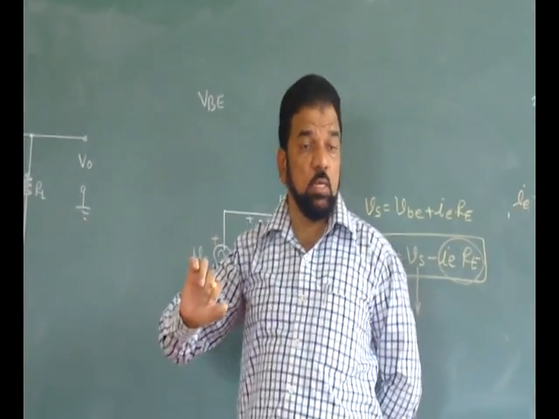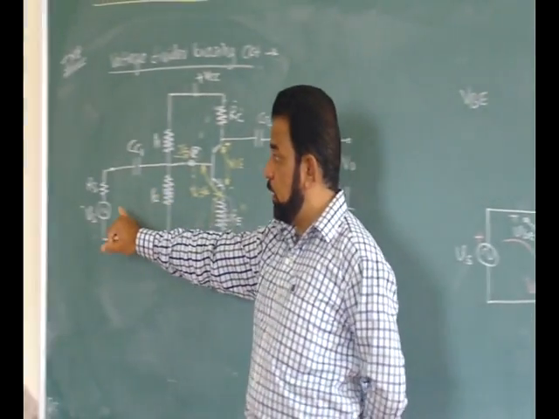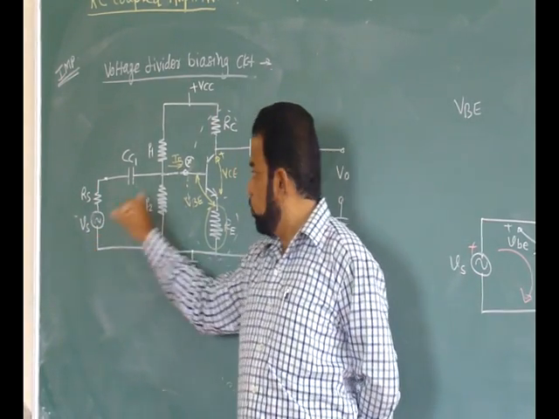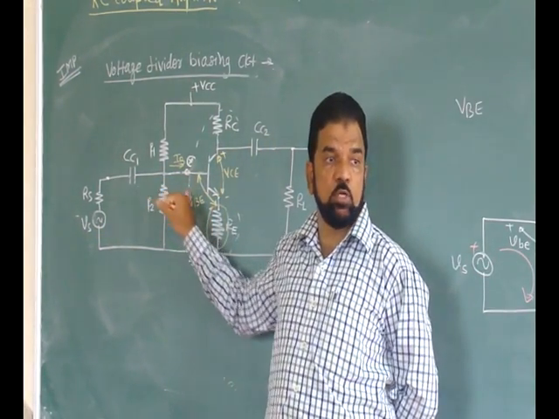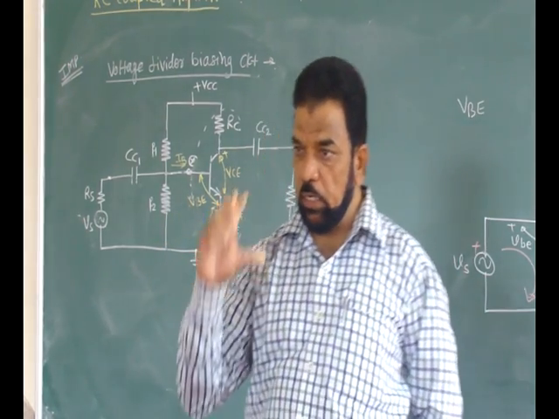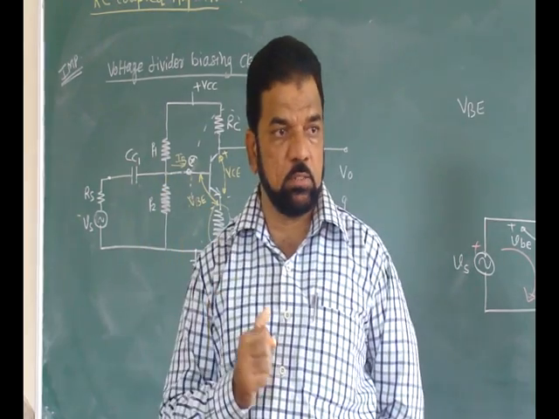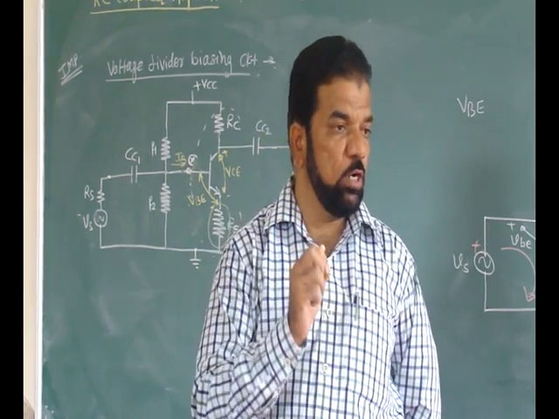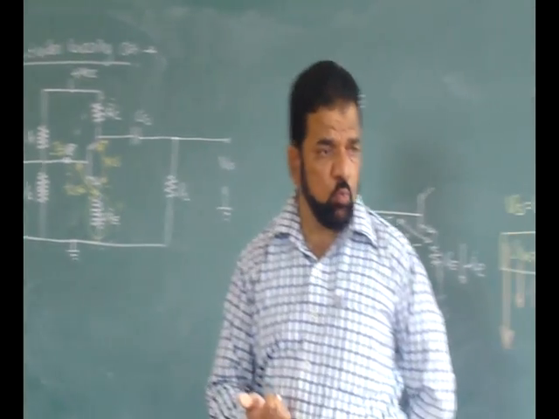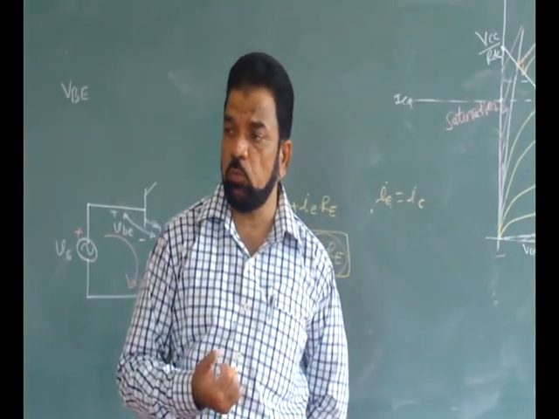So what should happen? The external input must be equal to the effective base input. Suppose I want to amplify a 10 millivolt signal, that 10 millivolt should reach the base. If only 5 millivolt reaches there, what does it mean? Your amplification corresponds to 5 millivolt only. It is not with reference to the 10 millivolt.